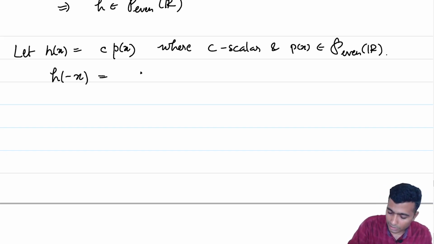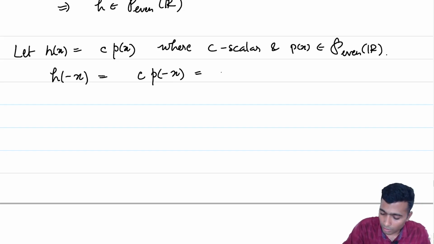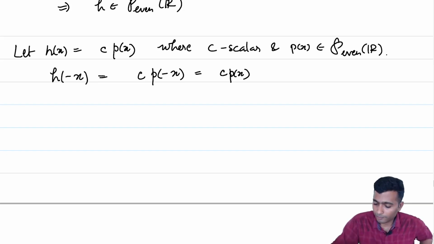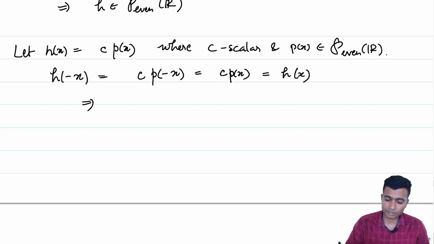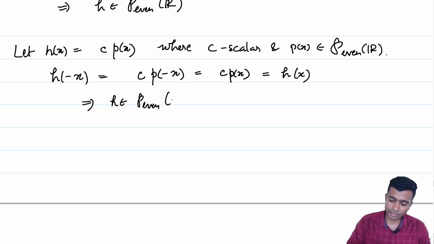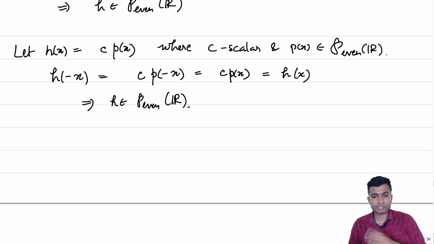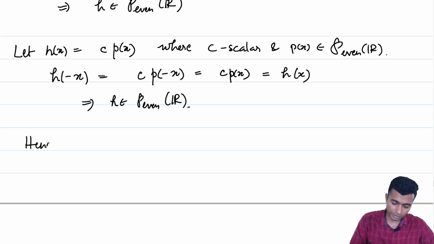This is nothing but c times p of minus x, but p is in P even of R. So this is equal to c times p of x by the very definition of P even of R, which is nothing but h of x. And this implies that h is in P even of R. So, we are done. This proves that we have established the claim.